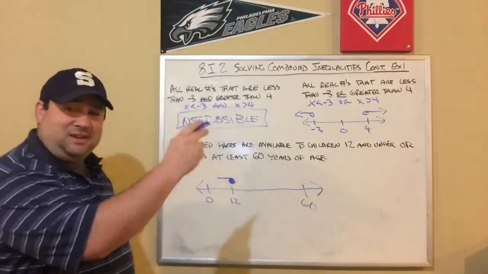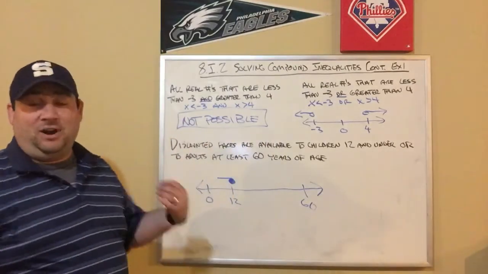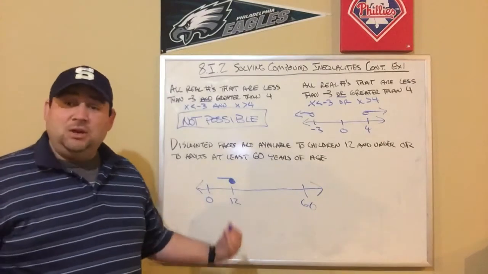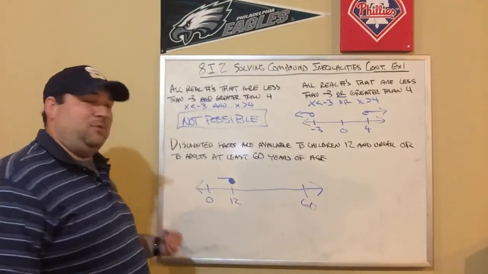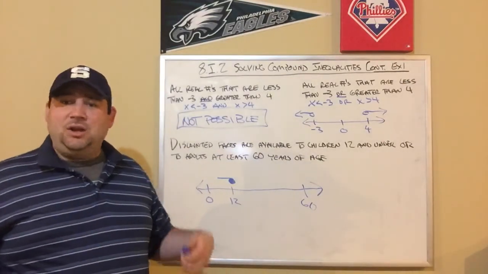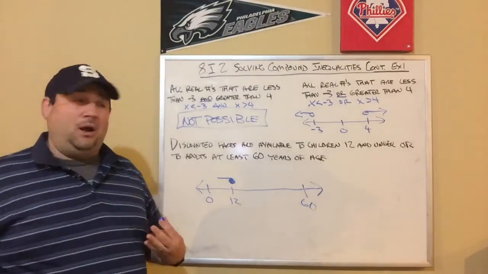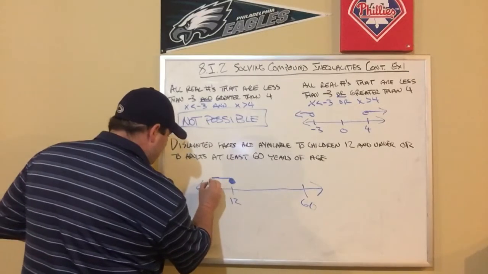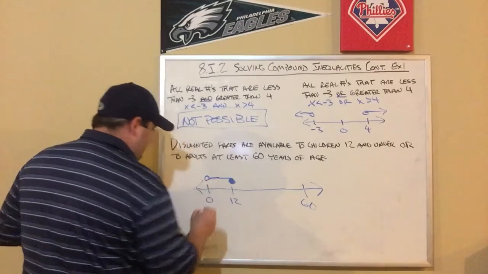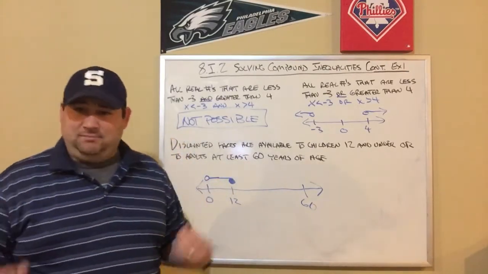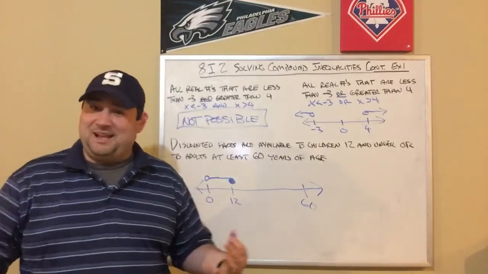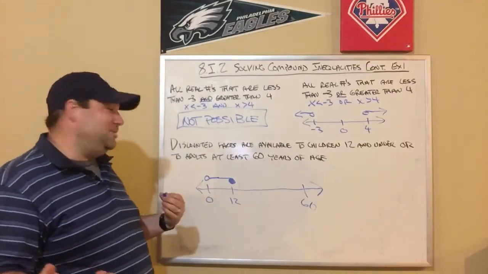Now you might want to put an arrow to show it's going to go on forever and ever, anyone less than 12. Which is true, but can we have negative ages? No. So you're not going to go past 0. We're going to go to 0, and we're going to put a circle there. Now, I've had this debate many years. It's probably much more fun in class with students than trying to do this on YouTube.